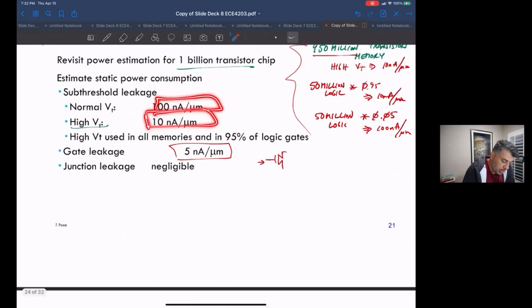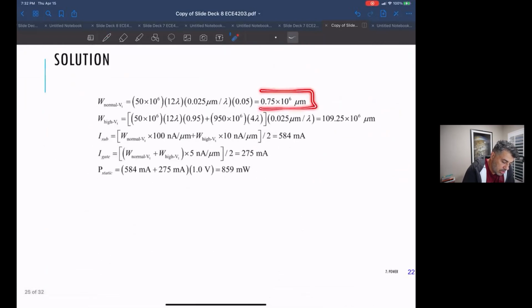So we want to figure out what the total width is for the normal VT devices. The high VT devices were the 95% of their 50 million, so the remaining, and sort of the same size, and 950 million memory devices, which are smaller. And so they gave us this much total width.